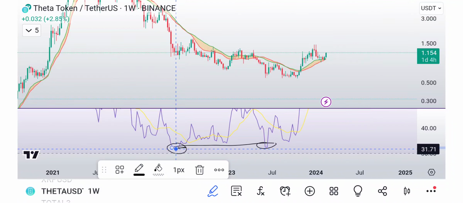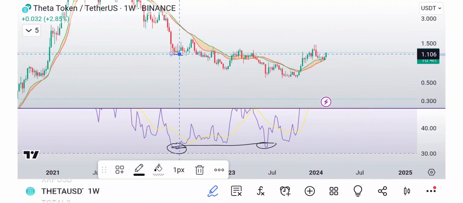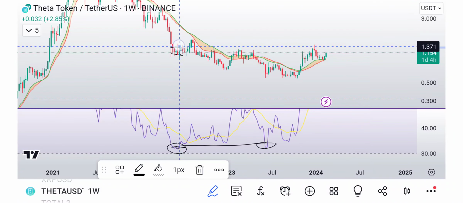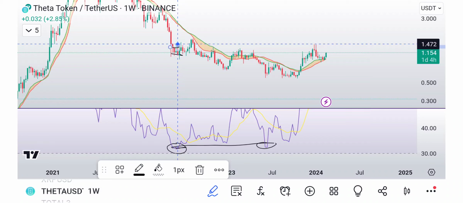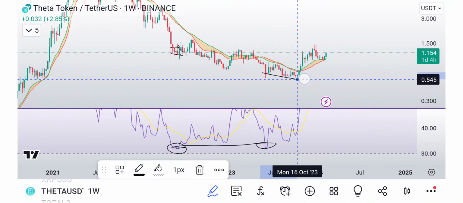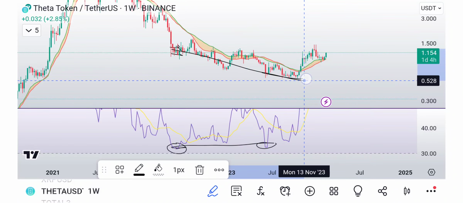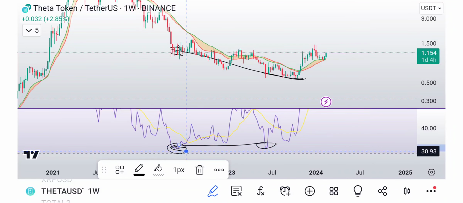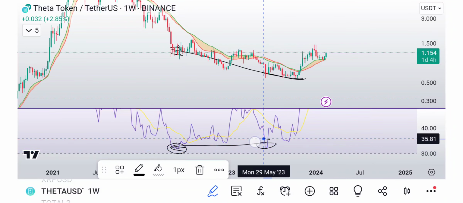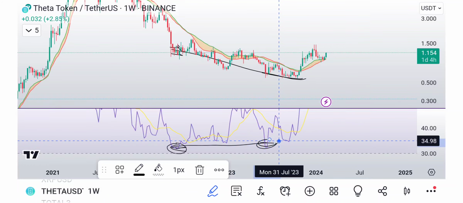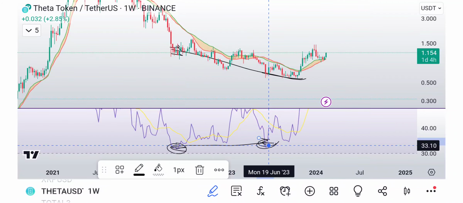So this was obviously at a higher price, right? This was at a lower price, so we're going down. The RSI is at a lower price. Now it's at a higher, right? So you got slight bullish divergence. I wish it didn't get taken out, but it is what it is.